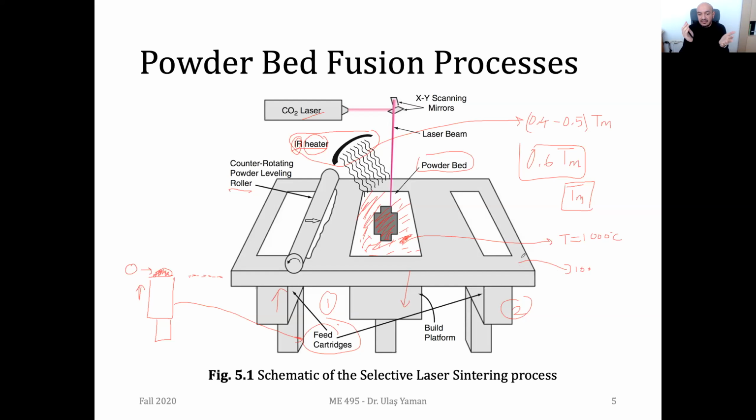So this will result in uneven distribution of temperature, which will result in cracks, thermal stresses, and warpage on the material, on the part. So that's why we make use of such a heater, so that the temperature inside this machine will be as uniform as possible.